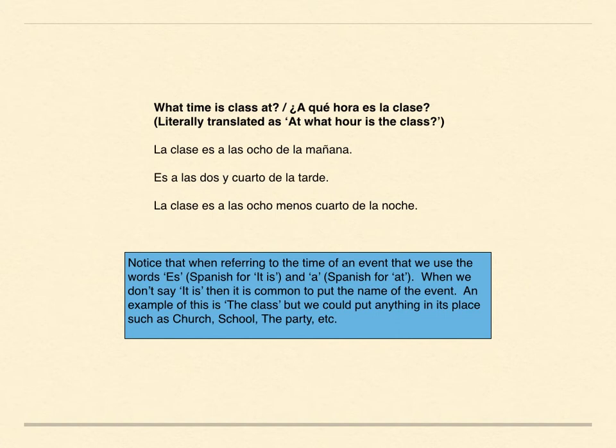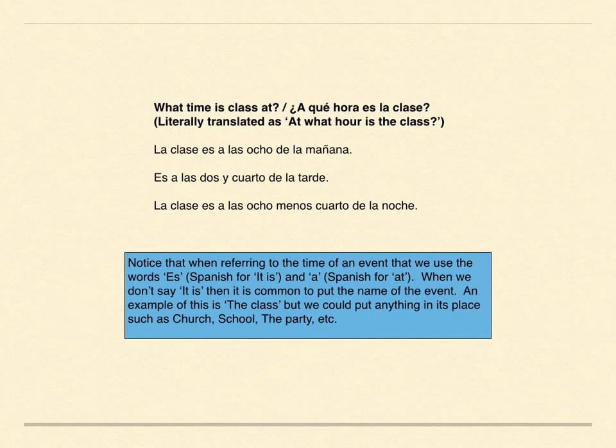You could say ¿A qué hora es la fiesta? Which would be what time is the party at? Or ¿A qué hora es la reunión? What time is the meeting at? Okay, so this literally translated is at what hour is. At what hour is. ¿A qué hora es?